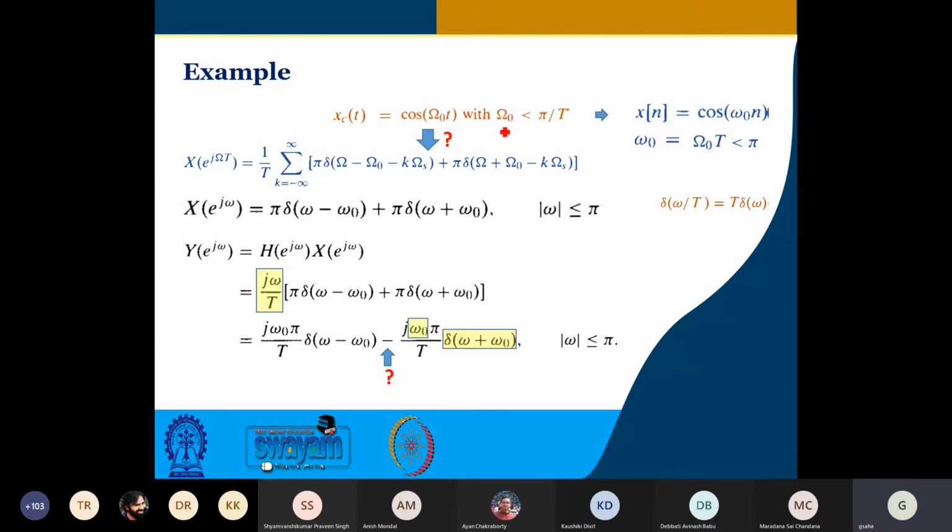And of course you are ensuring that whatever sampling you do is above the Nyquist rate, so T is sufficiently small. Then after sampling, you have this x[n], from whatever we have discussed before, represented in this manner.